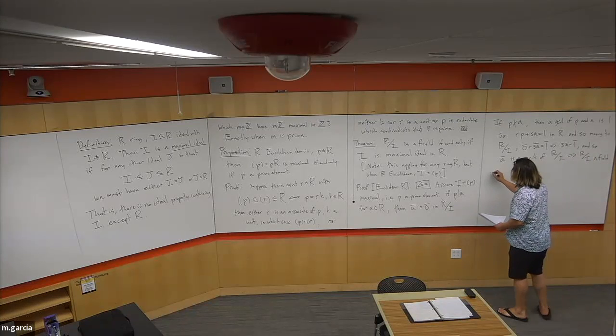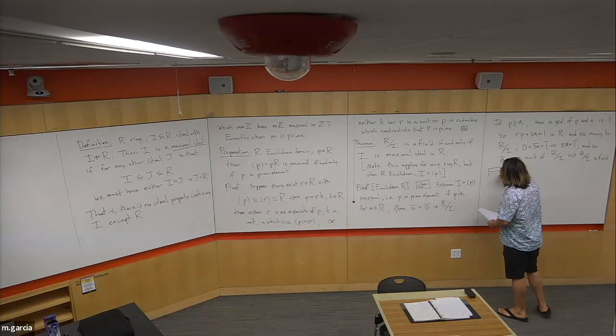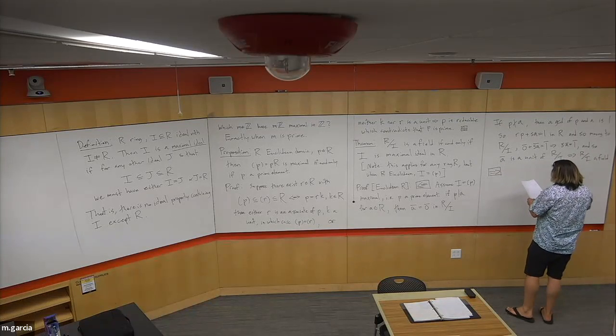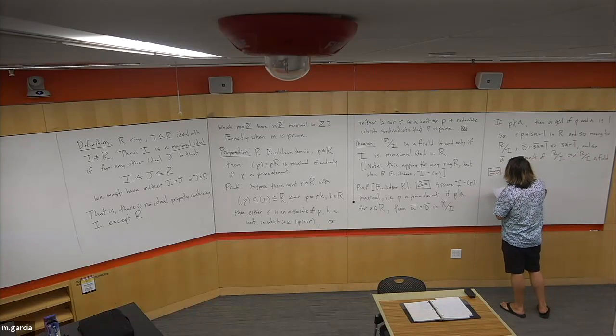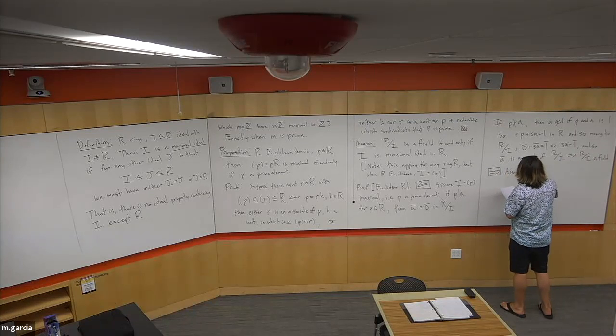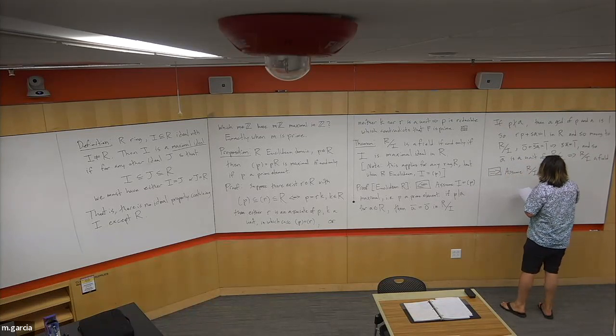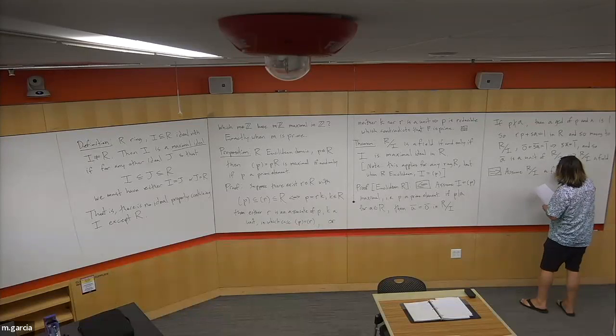Okay, let's now look at the forward direction. We'll assume R mod I is a field.